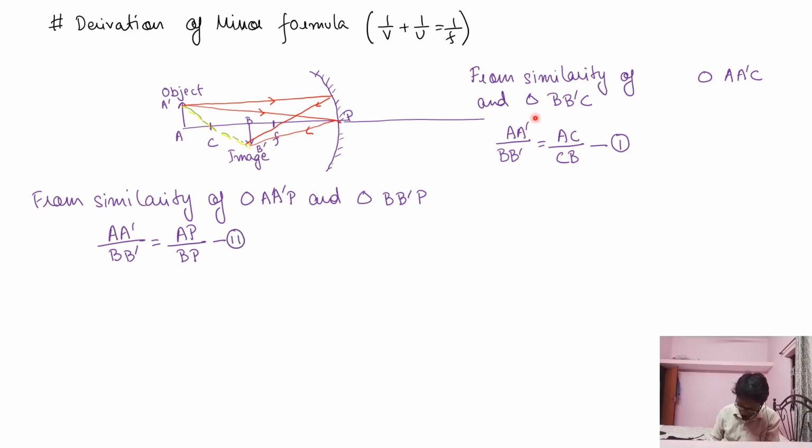Now see both equations properly. A dash by B dash is equal to AC by CB, and is equal to AP by BP.